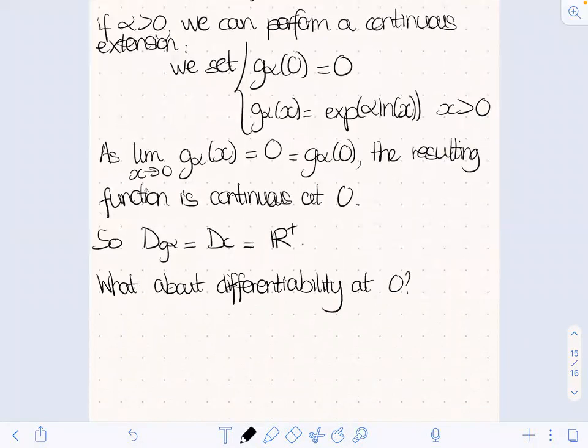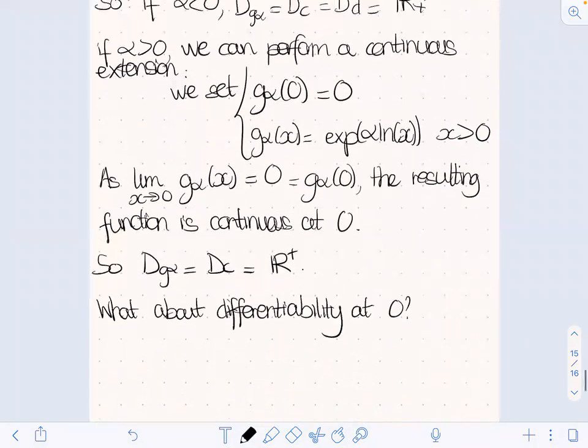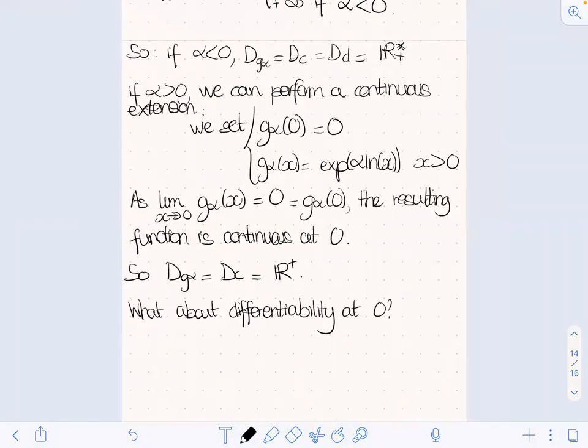So if we want to have a look at differentiability at 0, we're going to have a look at the difference quotient at 0. And so we're going to have a look at G alpha of x minus G alpha of 0 divided by x minus 0. Now we've defined G alpha of 0 here to be equal to 0. So that gives us G alpha of x divided by x.